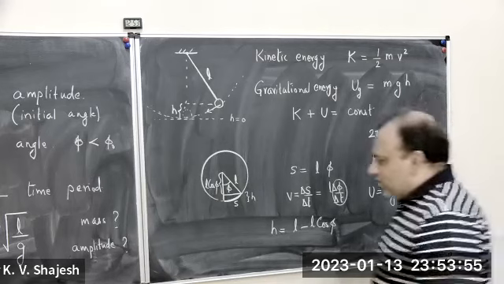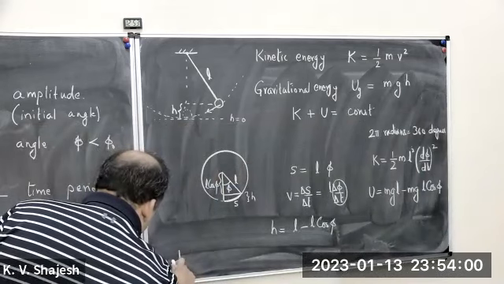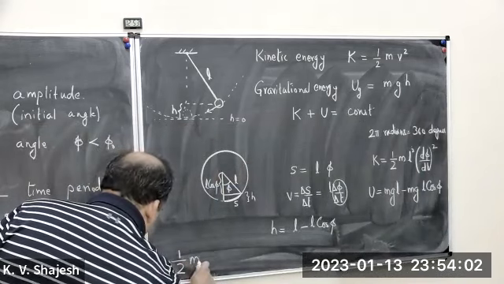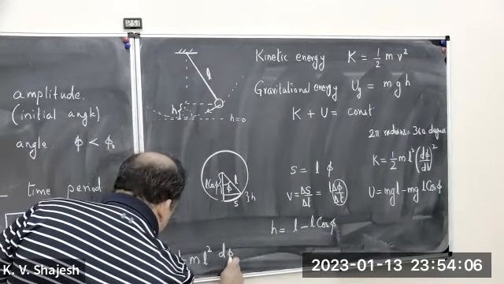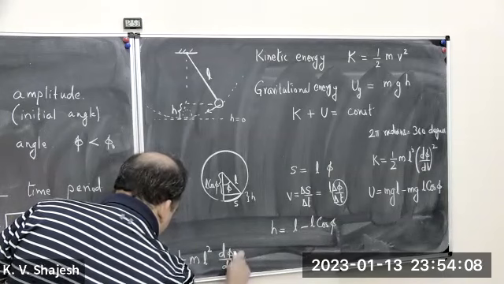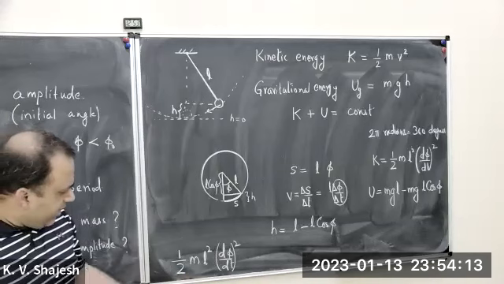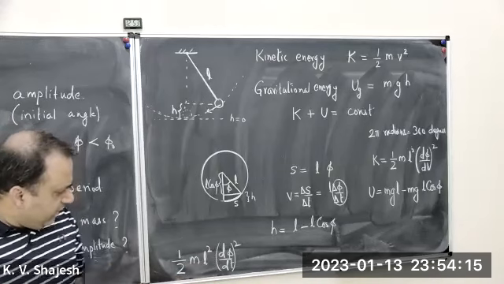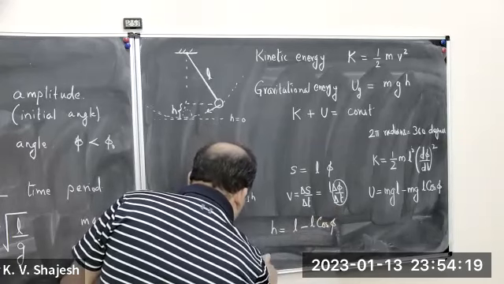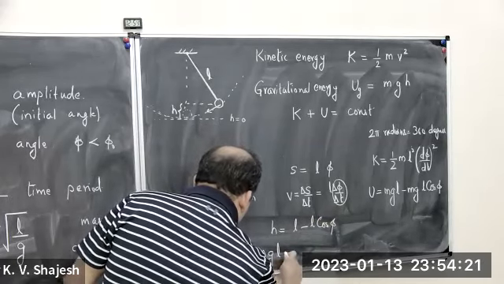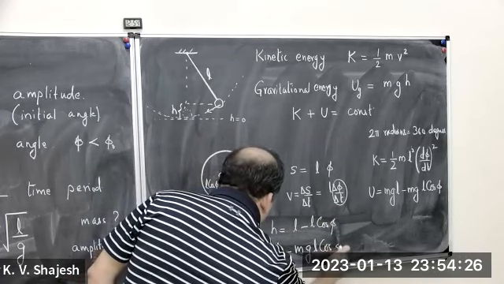So what's the total energy? That's equal to half m L square times d phi by dt, the change in angle with respect to change in time, squared, plus mgL minus mgL cosine of the angle.